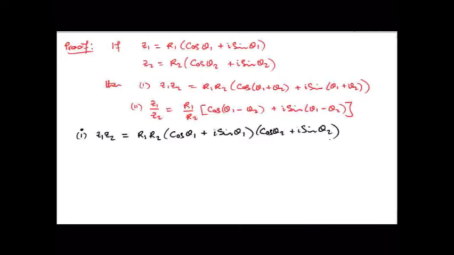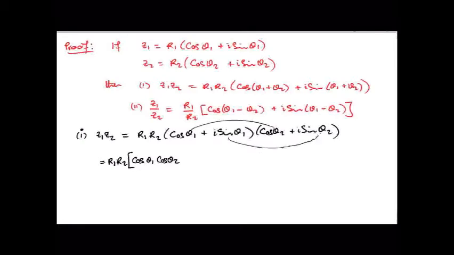Now all I've got to do is multiply out the brackets and tidy up the mess that's going to appear. So here's what we have. r1 r2. Let's just write that down and get it out of the way. Cos theta 1 cos theta 2. So I've multiplied that bit by that bit. Now I'm going to multiply this bit by this bit.